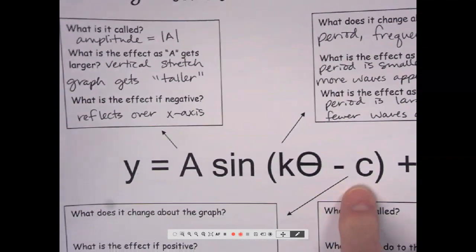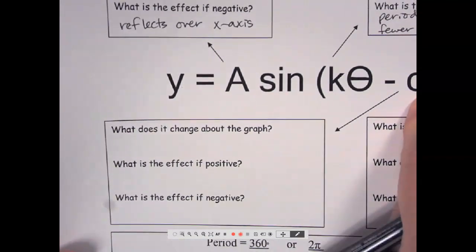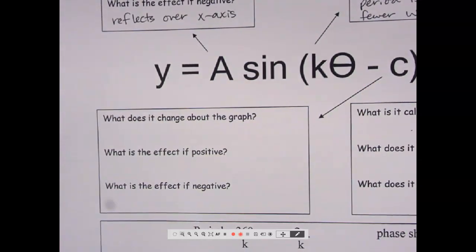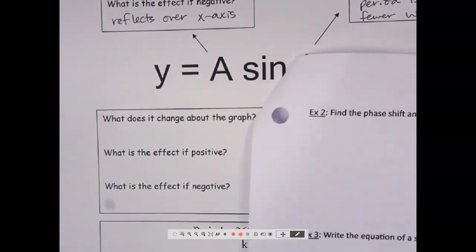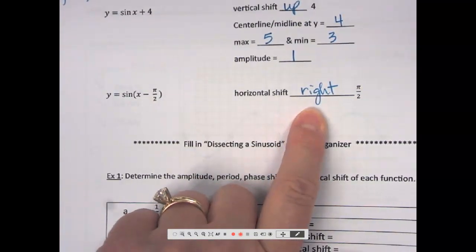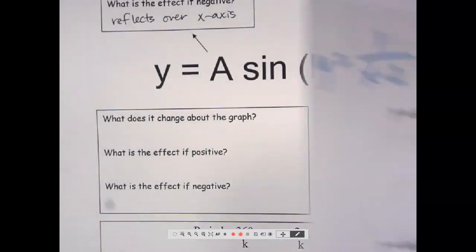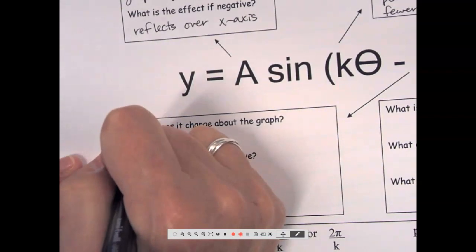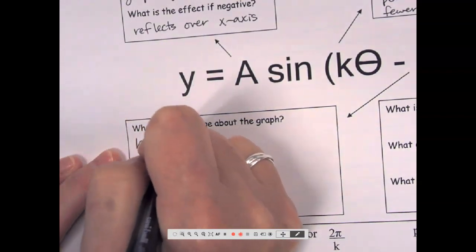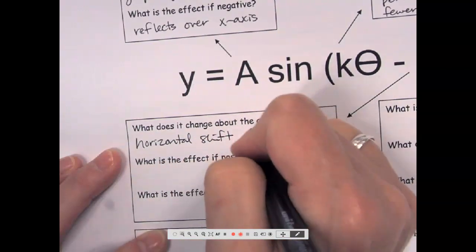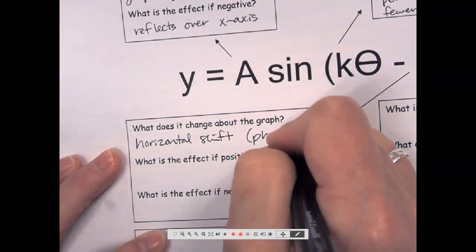All right, so this thing here, this is the one that trips everybody up. If it's a minus, what happened in ours back here? When we had a minus, it went right. If it's a plus, it's going to go left. So there's a technical name that we use for that. It's really a horizontal shift, but the technical term for that is phase shift.